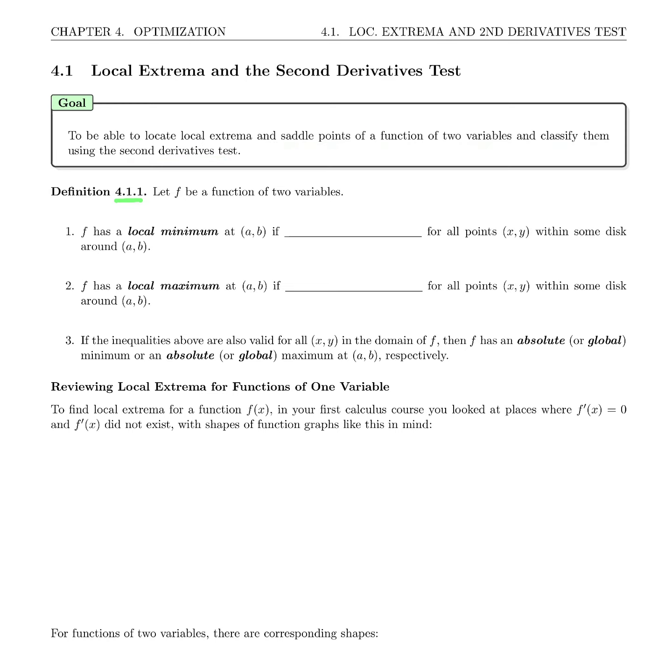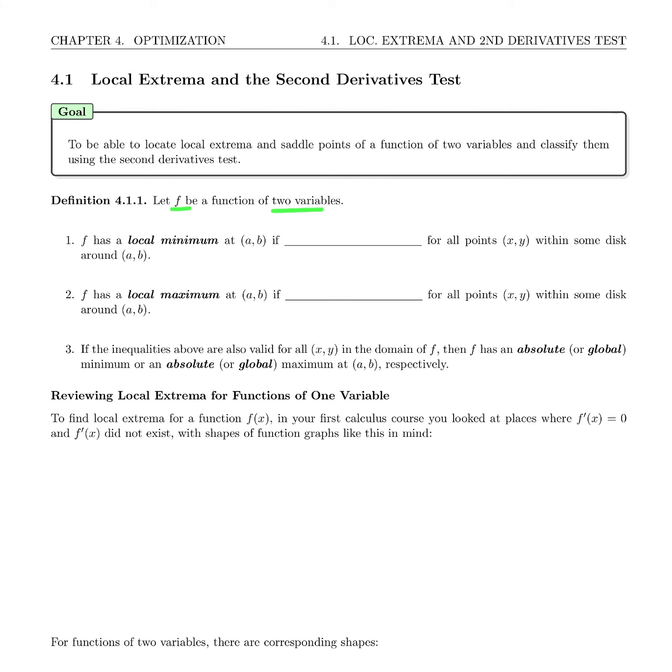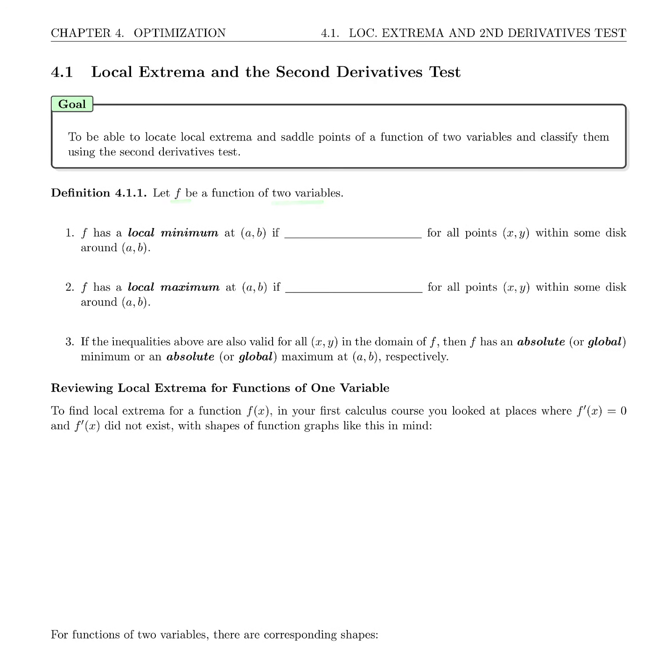Definition 4.1.1. Let f be a function of two variables. f has a local minimum at (a, b) if f(x, y) is greater than or equal to f(a, b) for all points (x, y) within some disk around (a, b). f has a local maximum at (a, b) if f(x, y) is less than or equal to f(a, b) for all points (x, y) within some disk around (a, b).